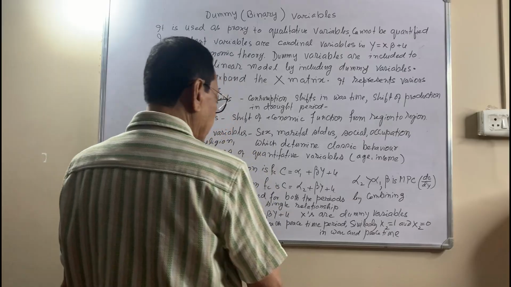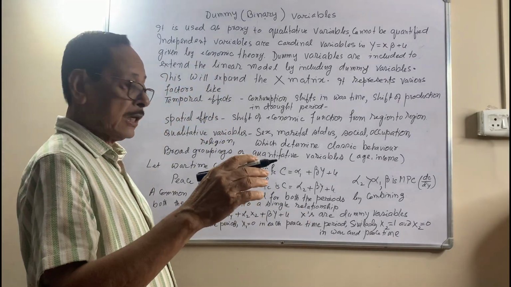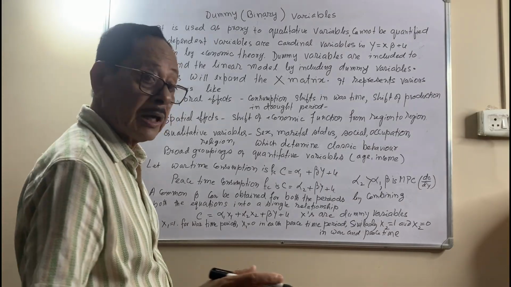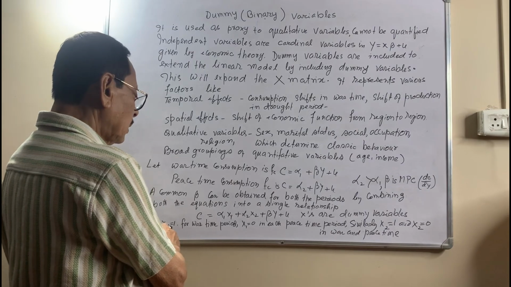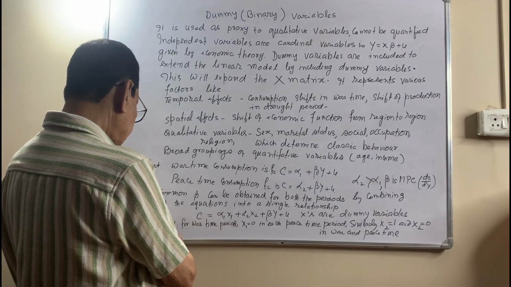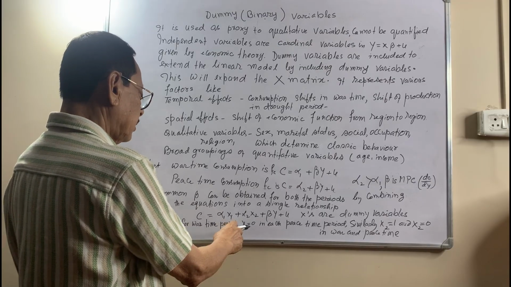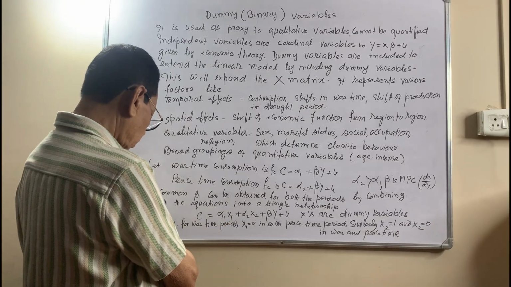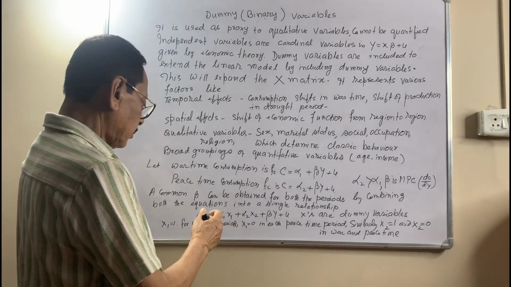When we put the data, we will discuss in detail how the data of dummy variables are included. For wartime, X1 is equal to 1, otherwise it is 0.